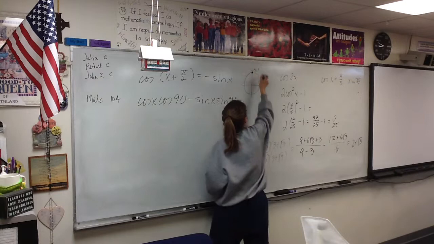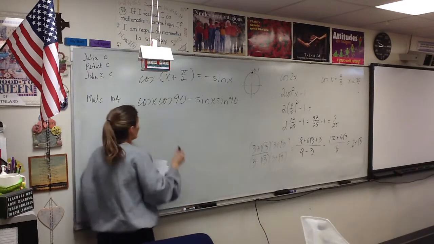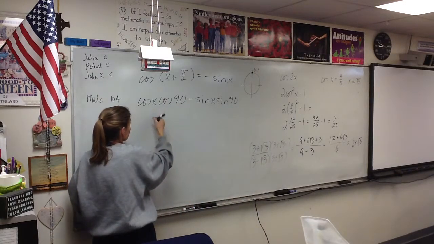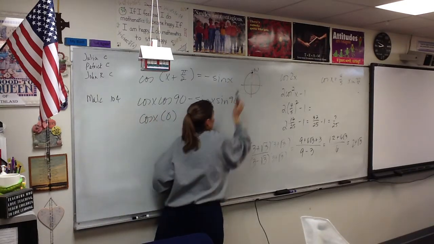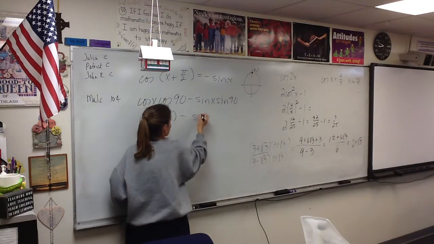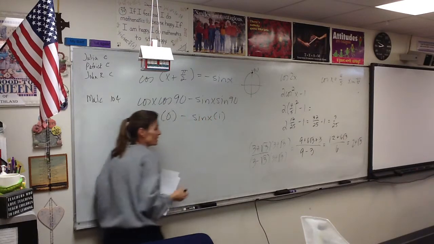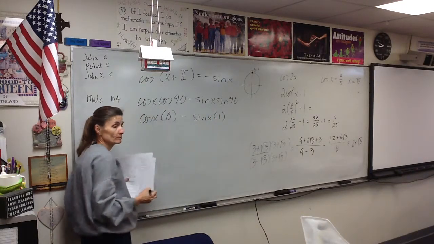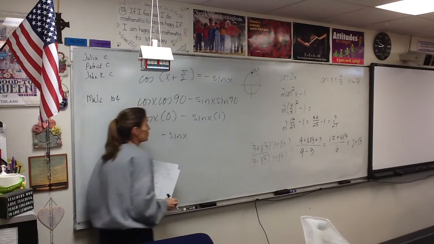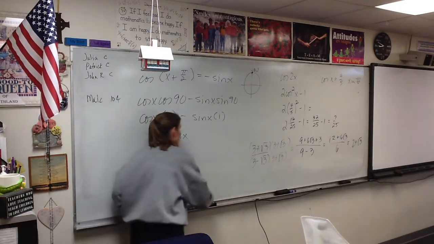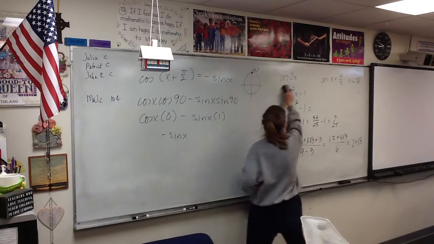Here's 90. The cosine of 90 is 0. It's x. The sine of 90 is 1. It's y. So we end up with negative sine x, which is exactly what we wanted to end up with.